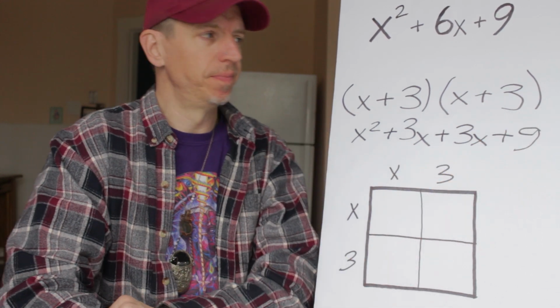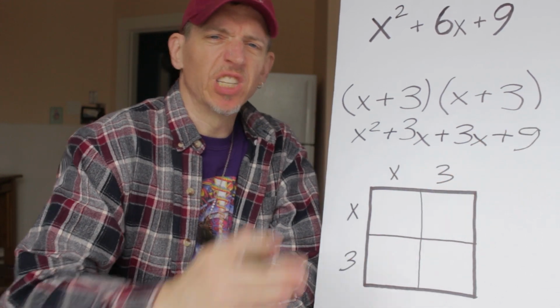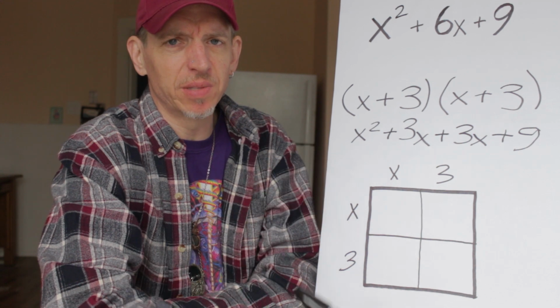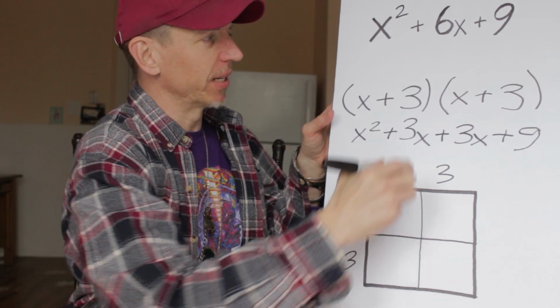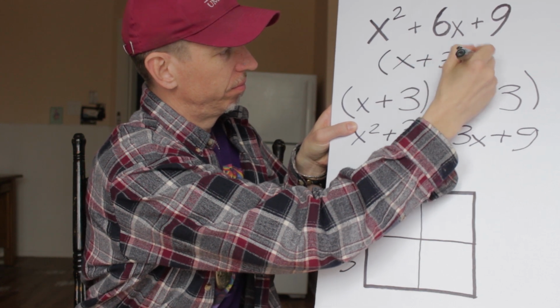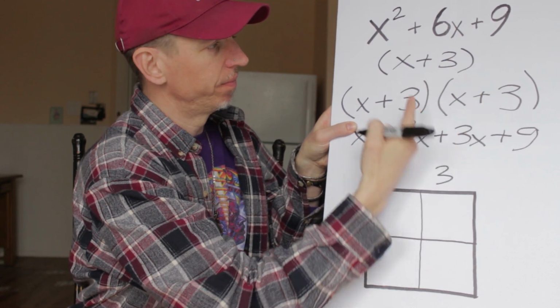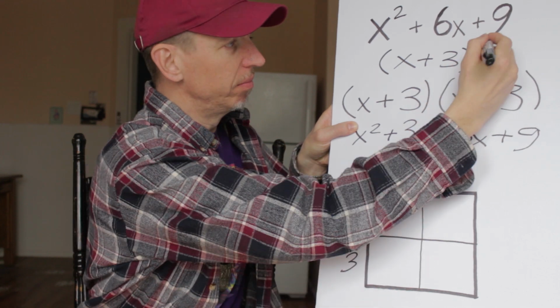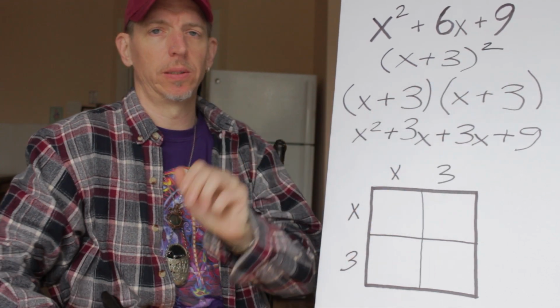There you go. Now obviously, since these two binomials is the same thing, I could just write them like this, i.e., the binomial of x plus 3 squared.